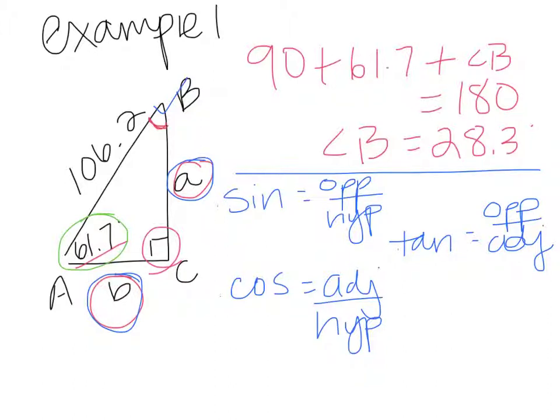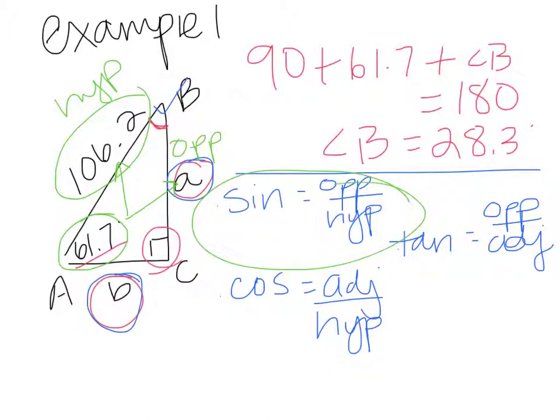So let's first try to solve for A. Well, A is the opposite side from 61.7. And I know 106.2. I know the hypotenuse. That's the hypotenuse of the triangle. Well, which of my trig functions compares the opposite side to the hypotenuse? That's sine. So I'm going to use the sine function to help me solve for A.